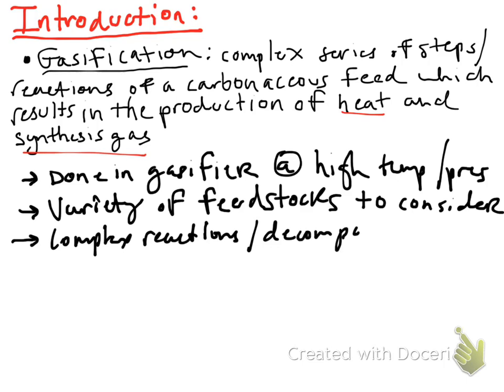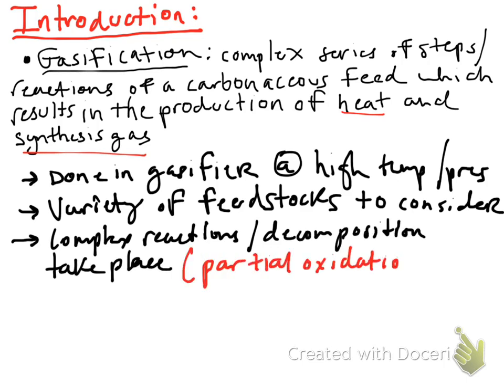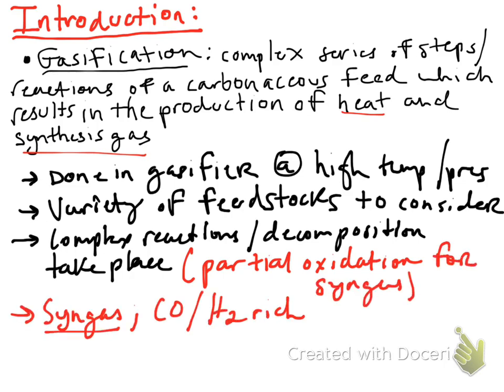And like I mentioned earlier, there's a complex series of reactions and decompositions that take place. The main one of these being partial oxidation to produce syngas. And syngas is essentially a carbon monoxide and hydrogen-rich gaseous product.